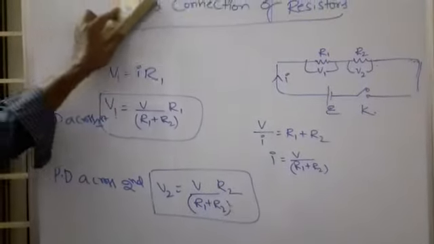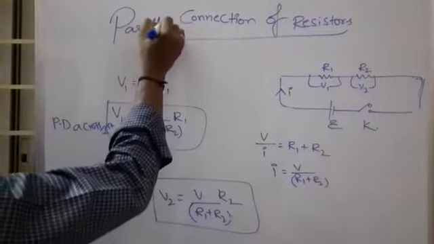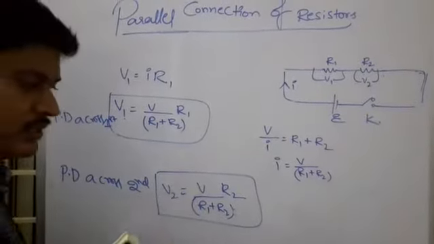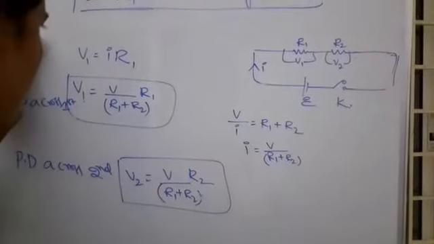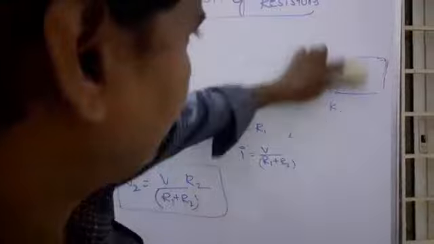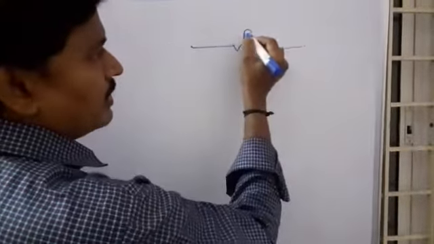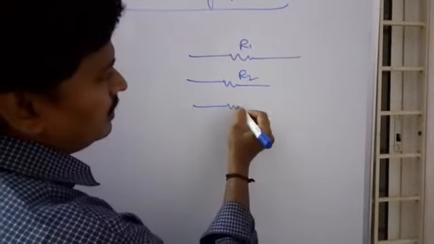Next, parallel connection of resistors. Here V is the common potential. R1 is the first resistor's resistance, R2 the second resistor's resistance. Resistors are connected in parallel: first resistance, second resistance, third, like this.